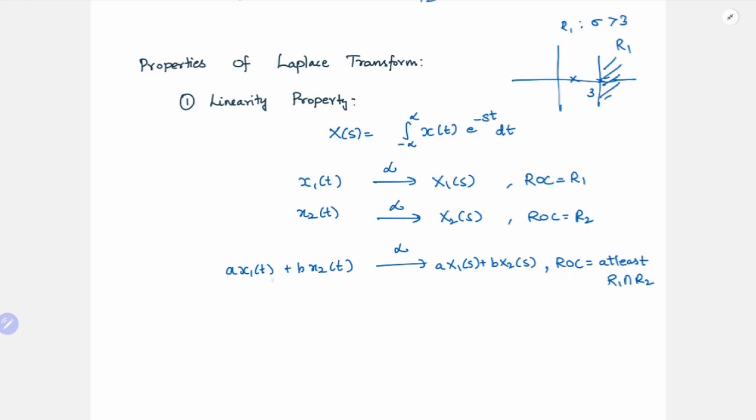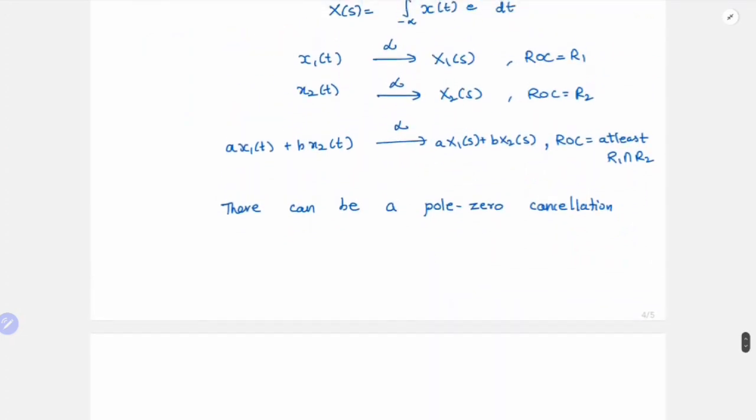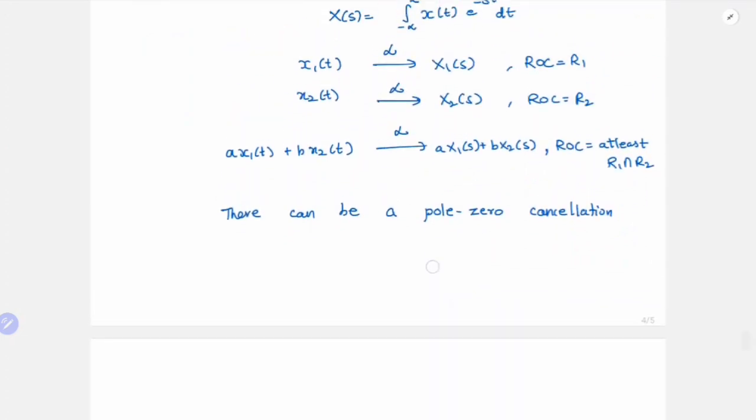Because when we combine two of the signals, some of the poles which are causing the region of convergence to be limited can actually go away, right? There can be a pole zero cancellation. Not every time, it might be a possibility.